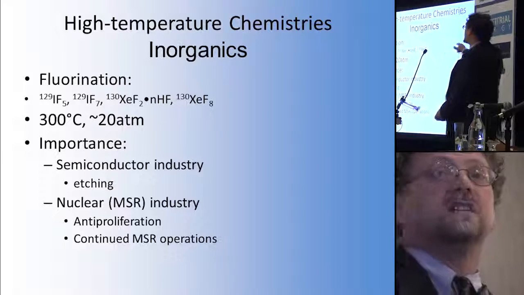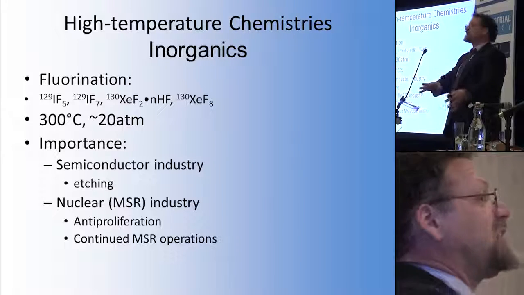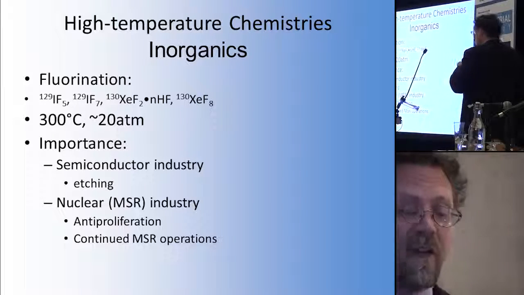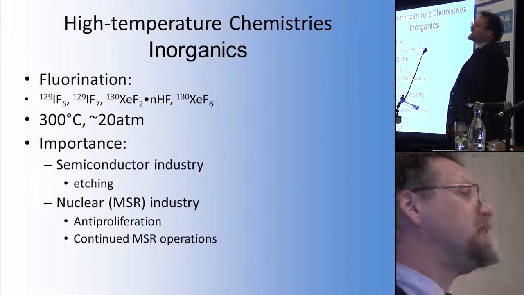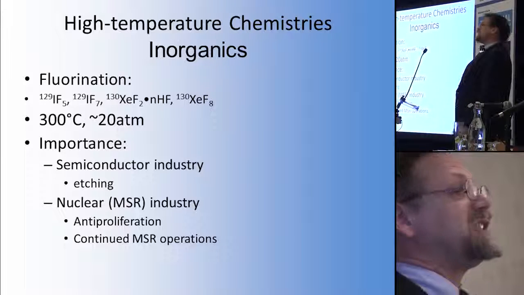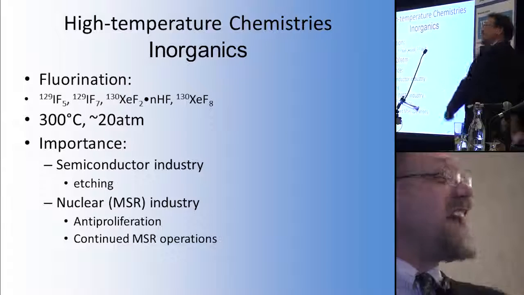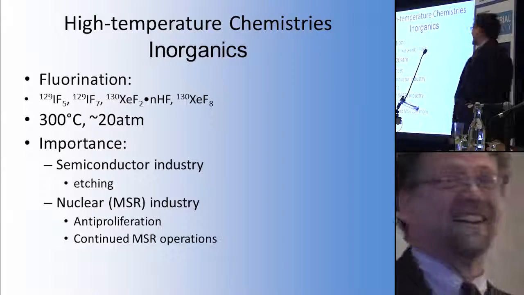You have monitoring because, like I said, left side of the equation, right side of the equation, all have to add up. This also has tremendous importance in the semiconductor industry. They need fluorinating agents. Well, how neat would that be to go make it over there and then sell it over there?